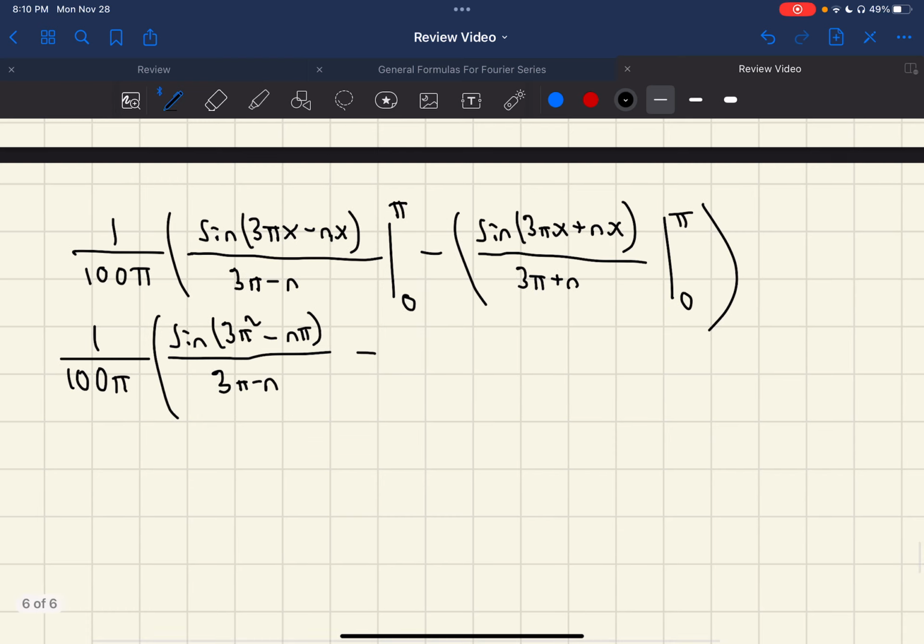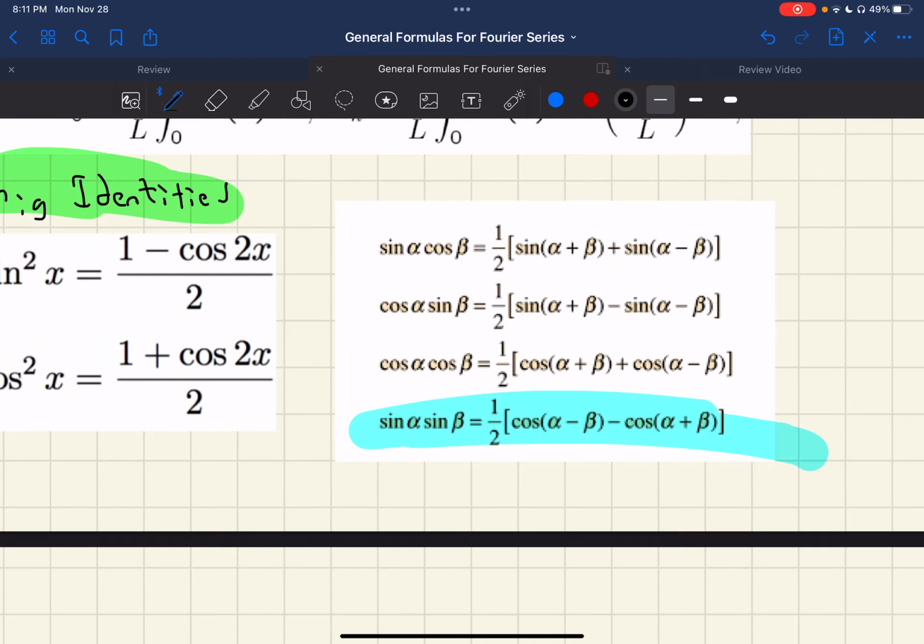And then the other integral is pretty much very, very similar overall. And then that should be, oh, I used the wrong identity.